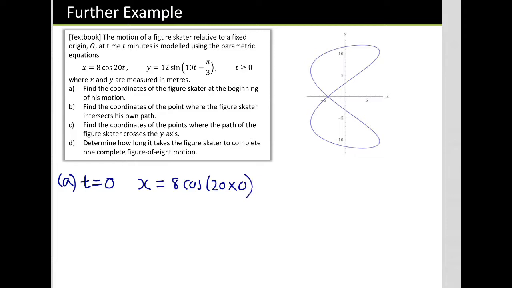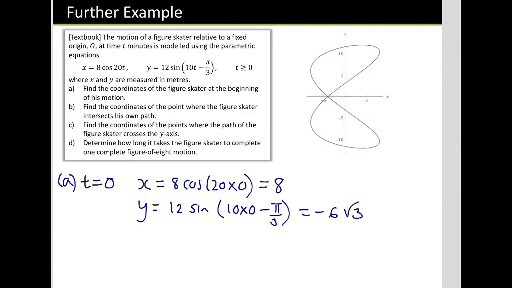Well, the cos of 0, because 20 times 0 is 0, we know that comes out to be 1. So the answer for this is 8. And then looking for y equals 12 sine of 10 times 0, subtract pi over 3. And if you type that all into your calculator, minus 6 root 3.